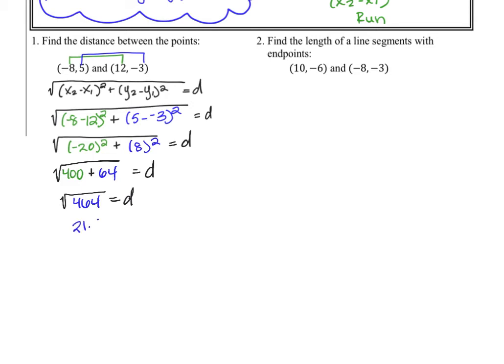So that's 21.54. I'm going to put approximately because we're rounding, so it's not an exact answer. So the 4 isn't big enough to change the 5. So the distance is approximately 21.5.